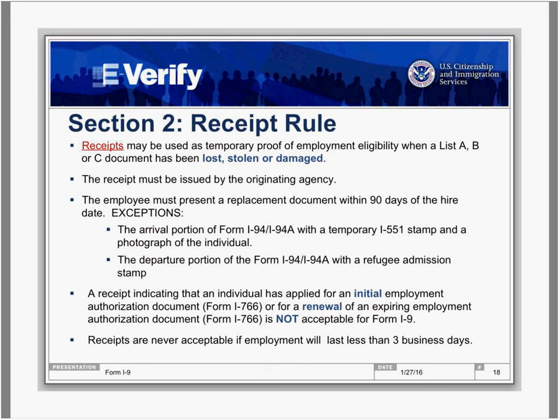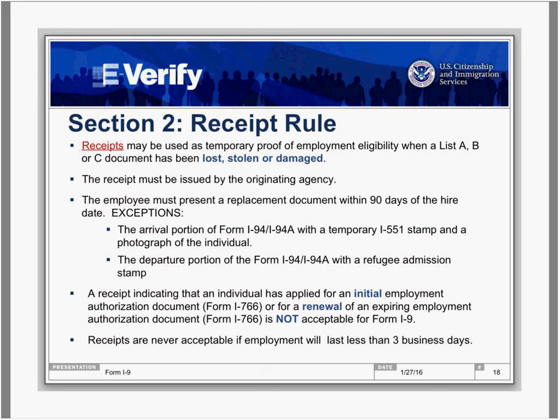If I give that Subway manager my receipt for my driver's license, 90 days from the day I started working for pay, he or she can come to me and go, Dave, you showed me that receipt for your driver's license, and we're coming up on about the 90th day. I need to see your driver's license by that 90th day. And if I can't provide that actual driver's license, they terminate me.